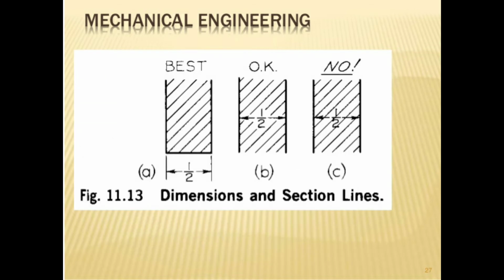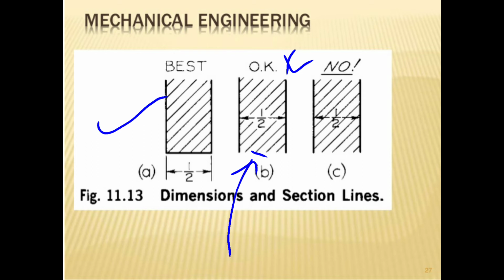Then dimensions and section lines. How section lines and dimensioning are done together. This is the best way, in which the section line is drawn inside and the dimension is put on the outside. But this is the wrong way; we can't use it because the diagram and dimension coincide.